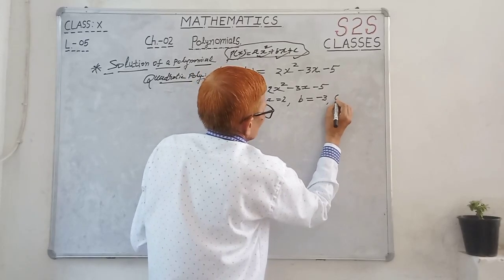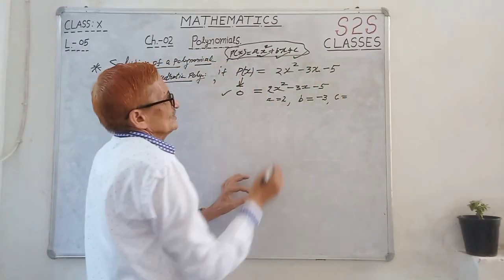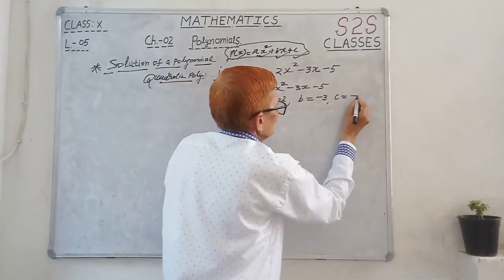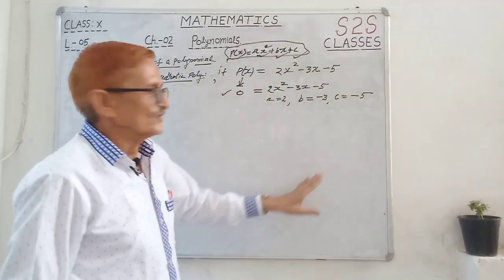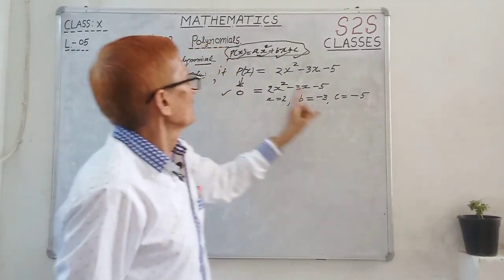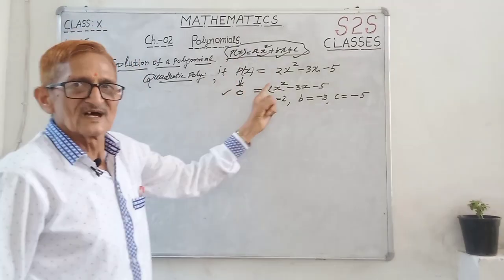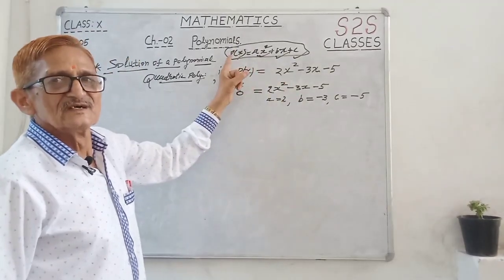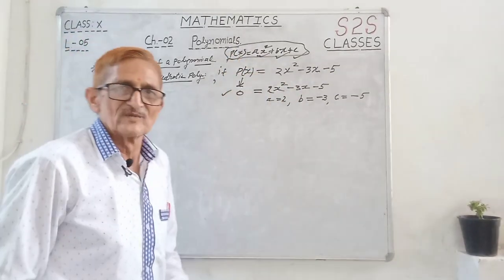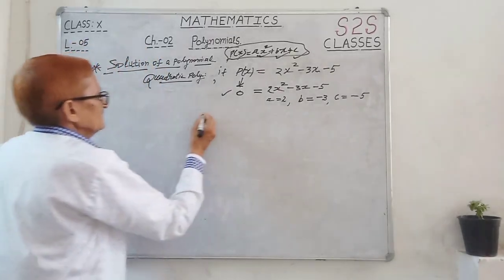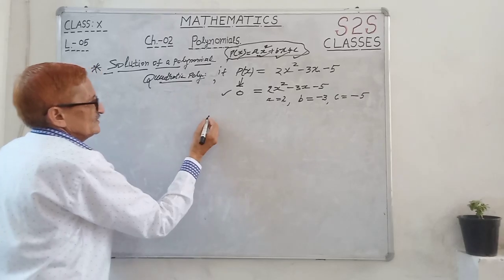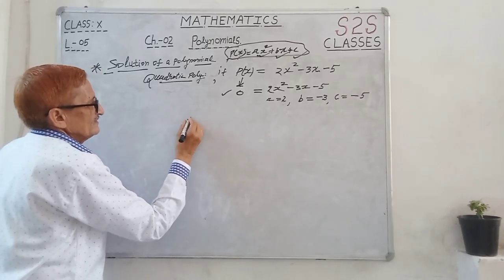And take the value of c: c is the constant term, minus 5. So these values of a, b, c you have to take by comparing the question with the standard form ax square plus bx plus c.